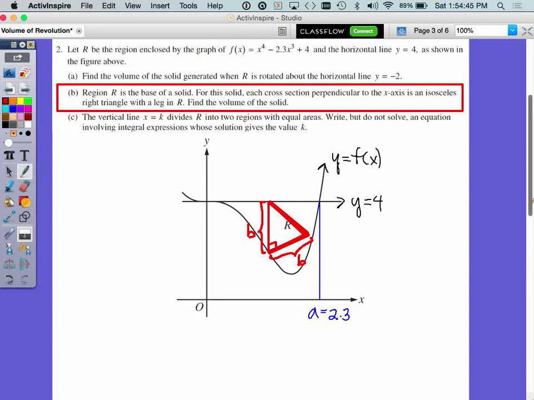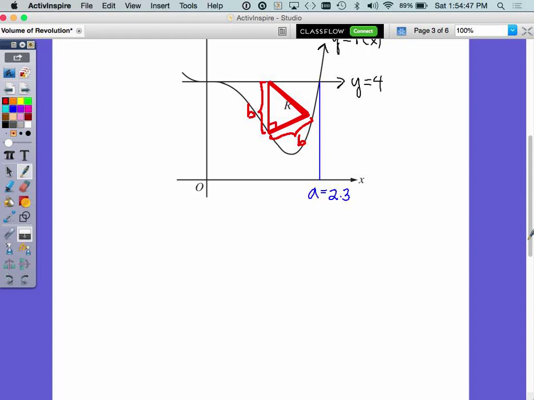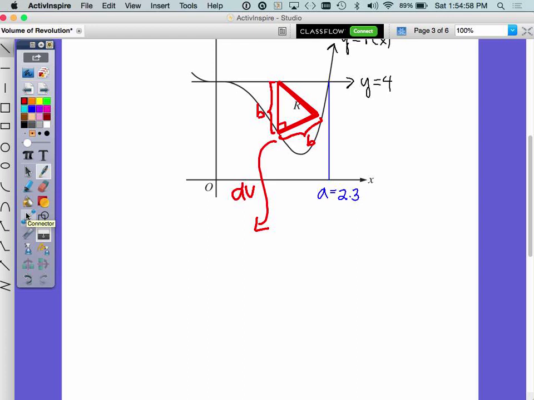Now what I want to do is take this slice out, and I'm going to identify that as dV, and I want to draw this as if I'm looking straight down at it. Looking straight down on this, I'm going to see an isosceles triangle.